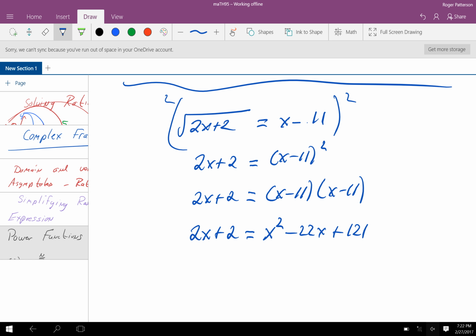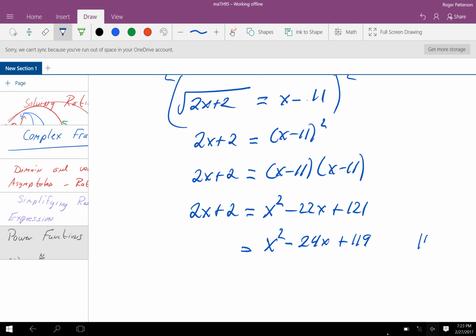Yep. Okay, so we squared it, wrote it twice, FOILed it carefully. Start moving things over. When we move things over, what are we going to get? 119, but we're subtracting 2, aren't we? Yeah. Okay.